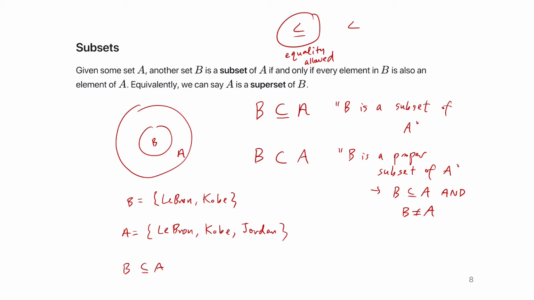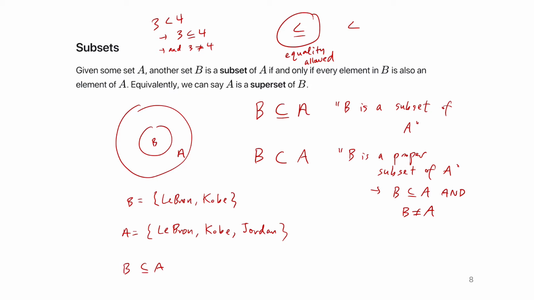Just like the fact that 3 is less than 4 is the same condition as saying 3 is less than or equal to 4, and 3 is not equal to 4. So a proper subset is just a subset that's not equal. Is that okay? Proper subset is a subset that's not equal.